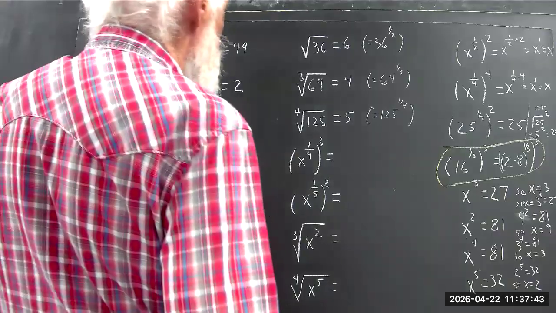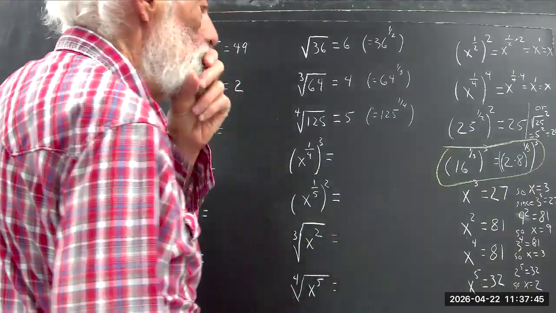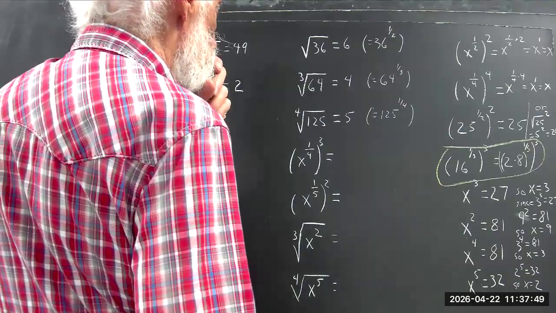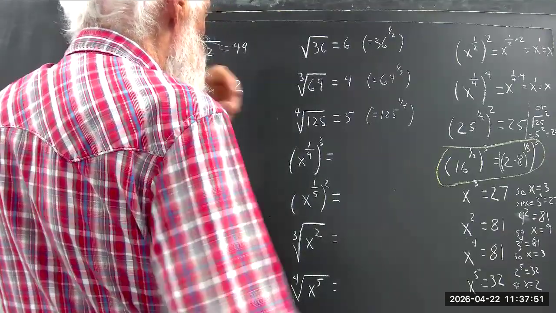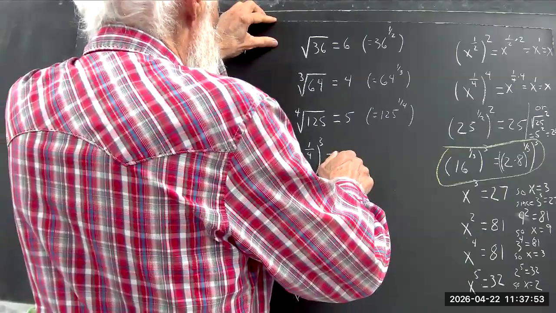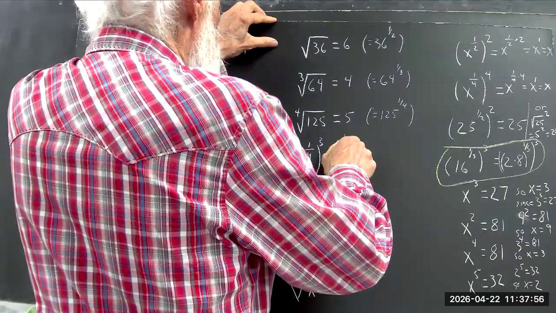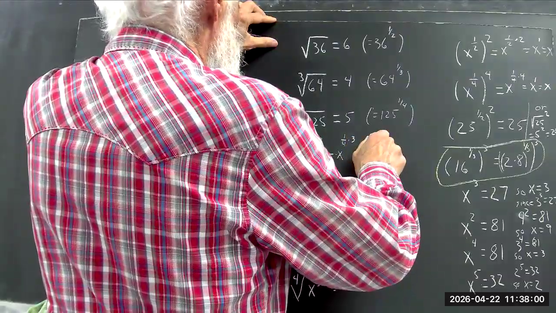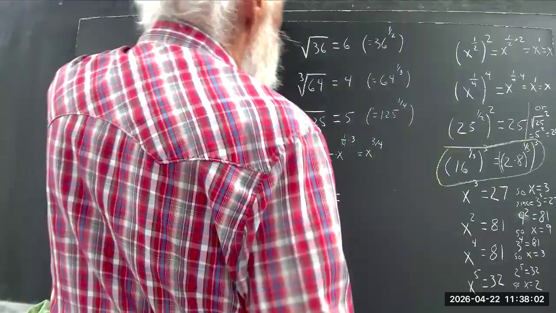Okay. Now, what's x to the 1/4 cubed? Okay. Well, we could write this as x to the 1/4 times 3, which is x to the 3/4.